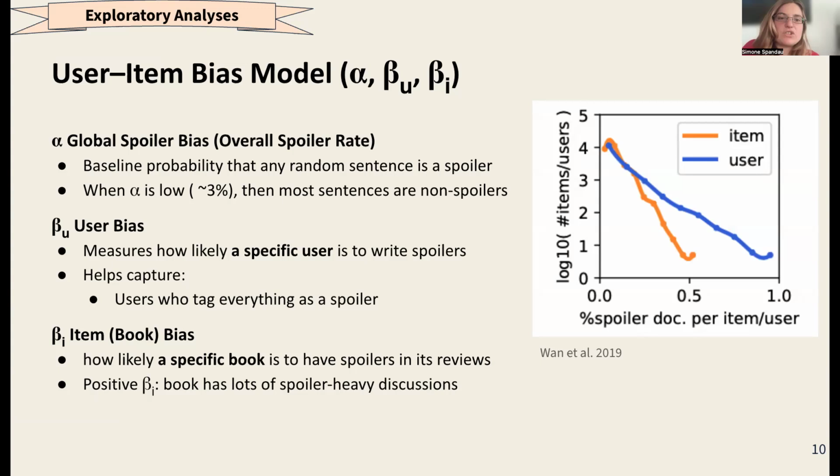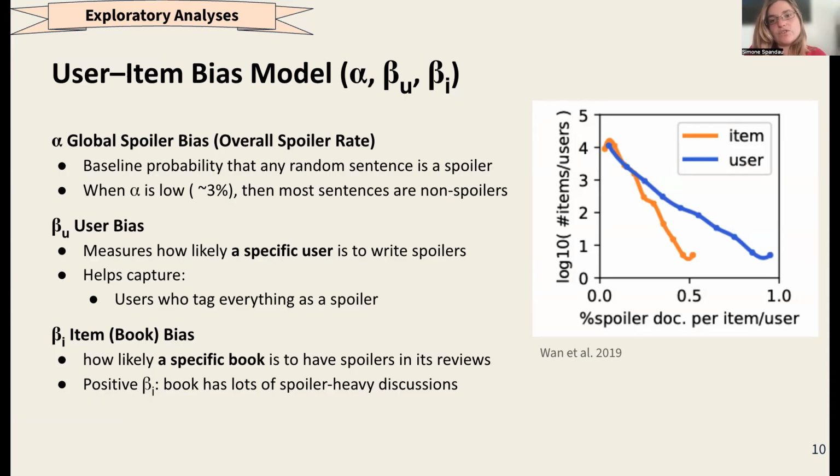Okay, as was mentioned previously, as part of our exploratory analysis of this data, we looked at user-item biases, meaning some items, which are the books, may have more spoilers, and some users may be giving more spoilers. On the right here, we have a figure from the paper that explored this data set in terms of the percentage of spoilers per item and users.